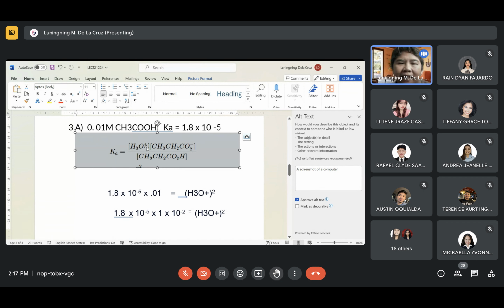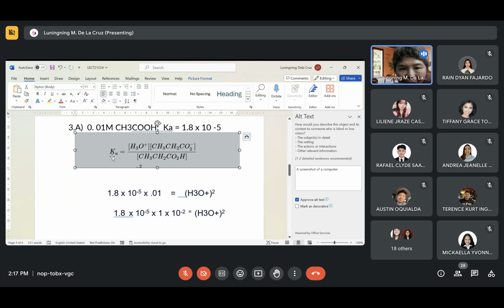So our equation becomes H3O plus squared. So, 1.8 times 10 to the minus 5 is the Ka of acetic acid. 0.01 is the concentration of our acetic acid.